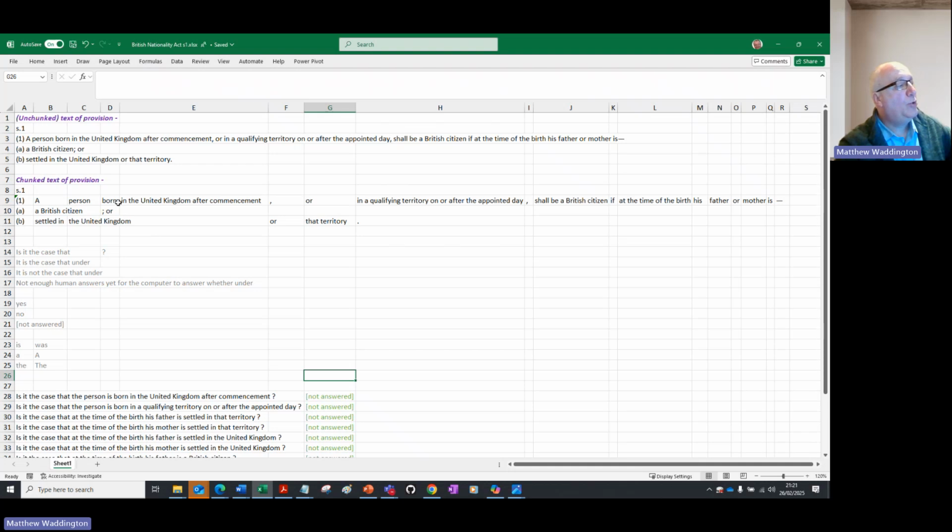So you have a person born in the United Kingdom after commencement or in a qualifying territory on the appointed day. If you were citing that, and it was to do with a qualifying territory case, you might cite it as a person born in a qualifying territory on or after the appointed day. You'd skip the in the United Kingdom after commencement or.